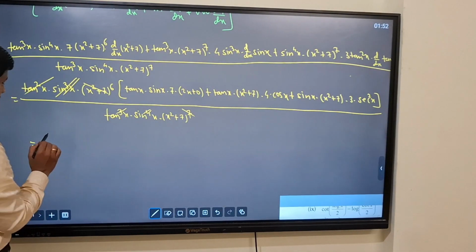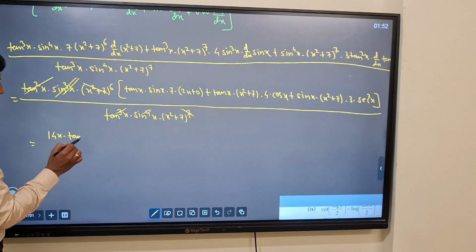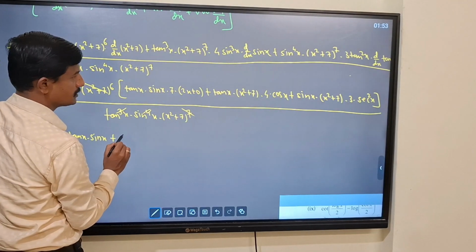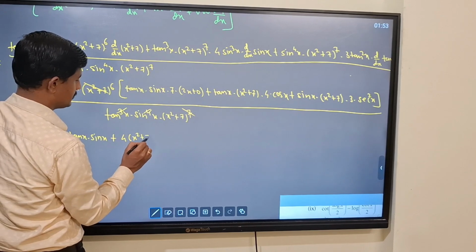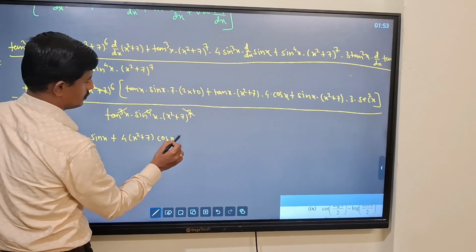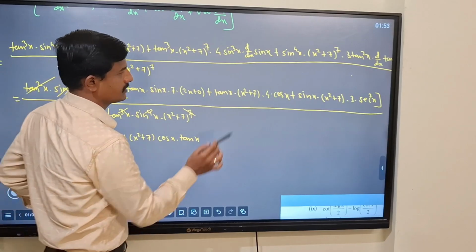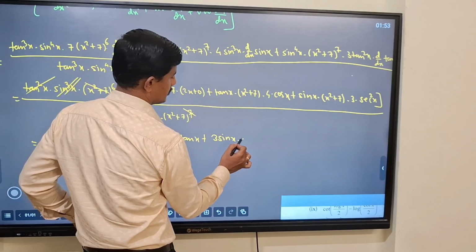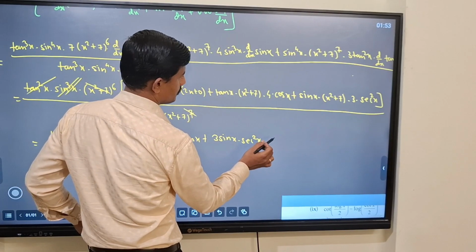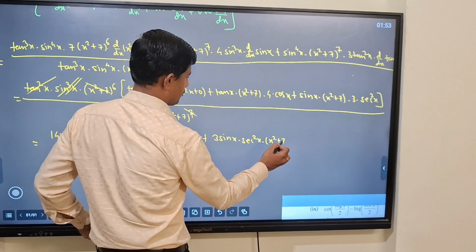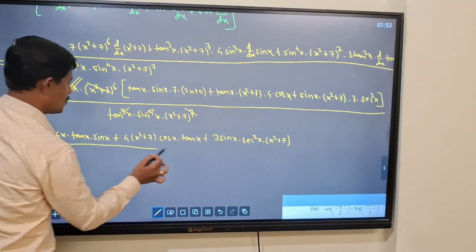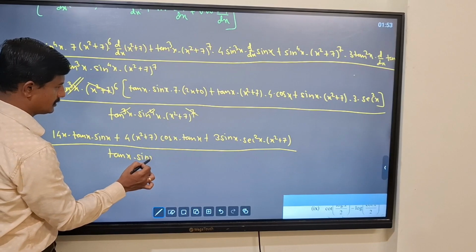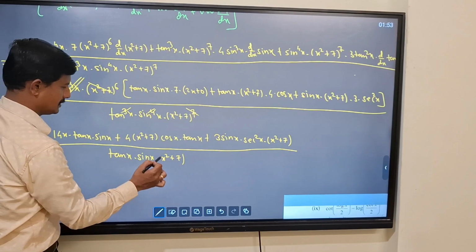This becomes 14x into tan x into sin x, plus 4 into x square plus 7 into cos x into tan x, and the last one is 3 sin x into sec square x into x square plus 7, whole divided by, here remains tan x into sin x into x square plus 7.